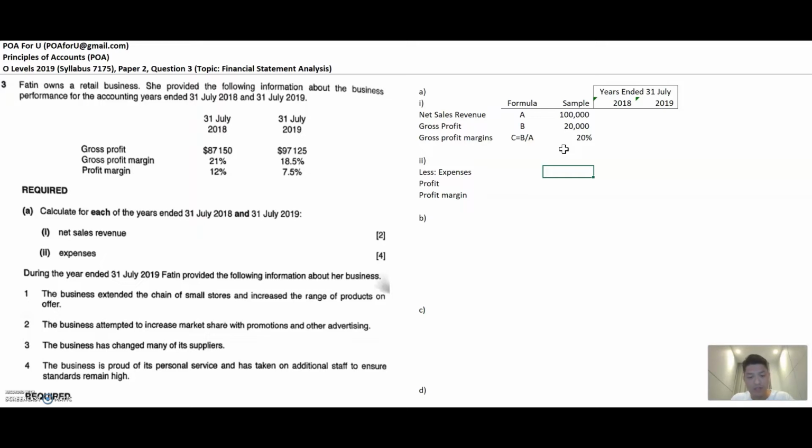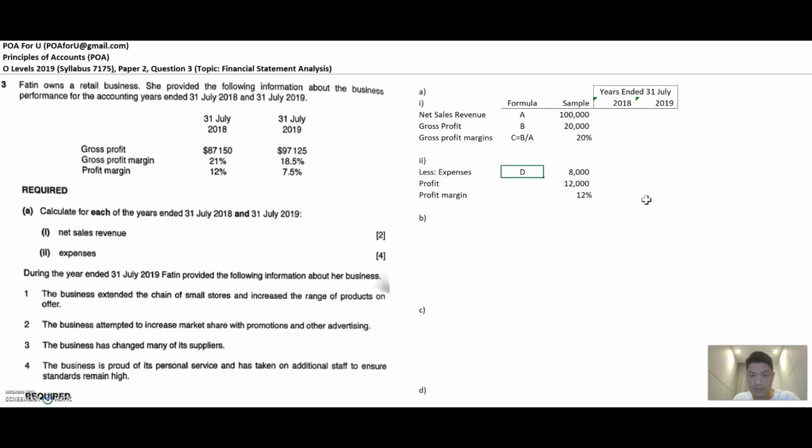So let's say expenses was, let's call it $8,000 for the year, then your profits would be gross profit minus expenses. So it's 12,000 here. And your profit margin, could you make a guess what it would be? Yes, it's profits divided by net sales revenue. So net sales revenue in any margin computation is always the denominator. So I get 12%.